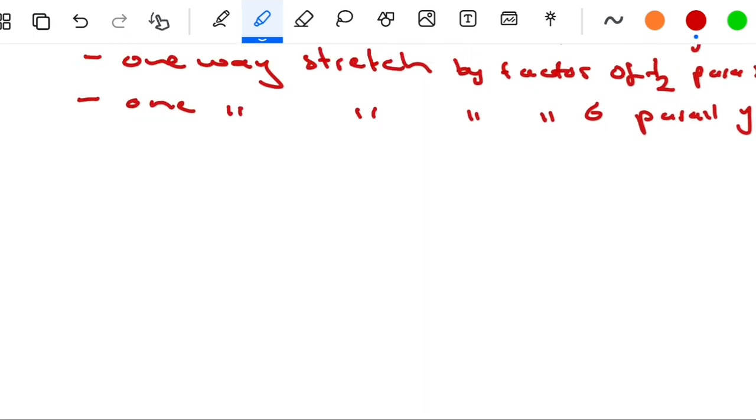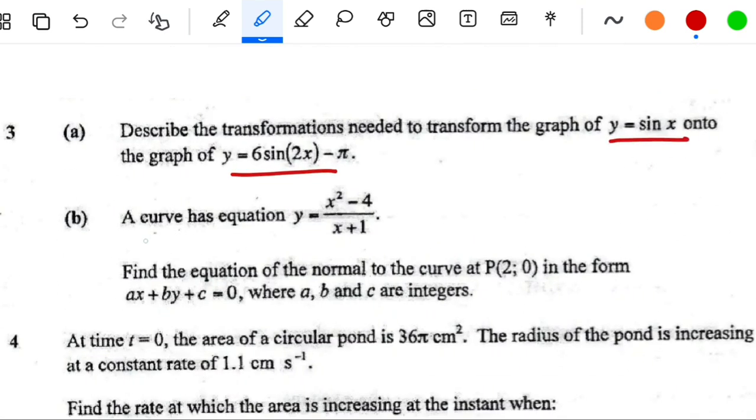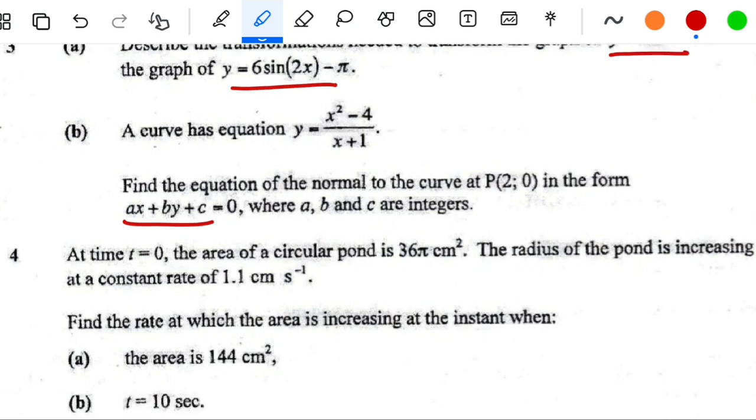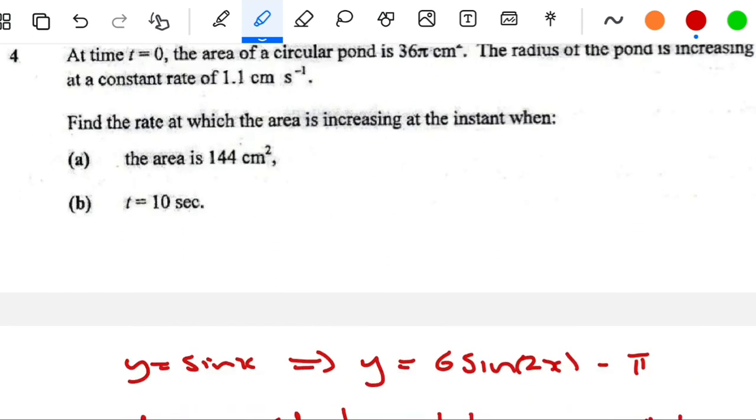Okay, then we're moving on to B. B says a curve is given by this equation. Find the equation of the normal to the curve at that point in this form. To find the equation of the normal, first find the gradient at that point, then find the gradient of the normal, then create an equation. So let's do that.